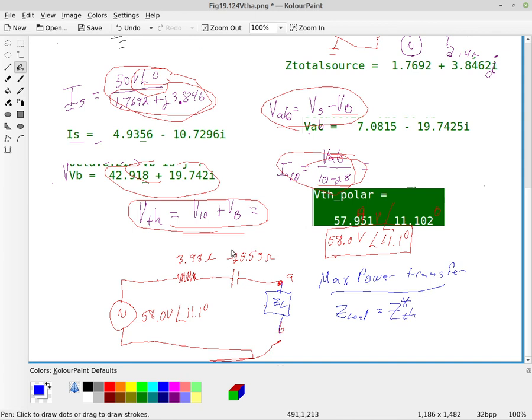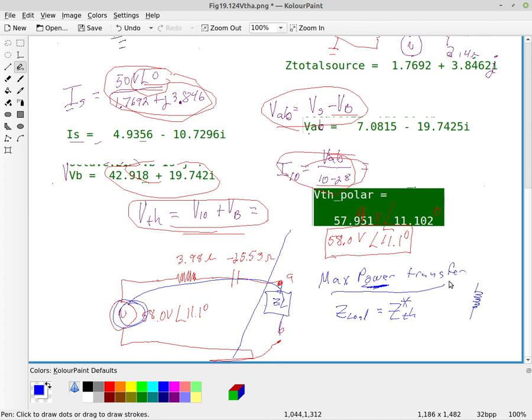And what that means is if this is negative, you make it positive, and if it's positive, you make it negative. So Z load should be a resistor, Z load for maximum power transfer. So what we're saying is we're going to get the maximum amount of power from our supply over to the load through this Thevenin impedance.